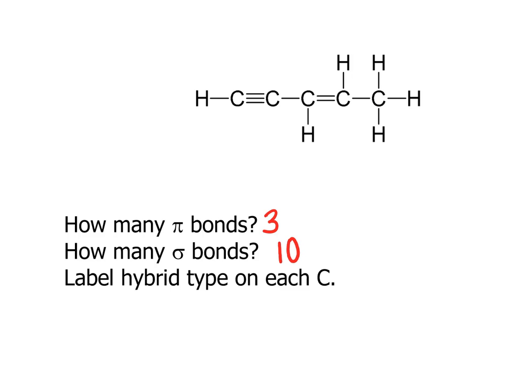Okay, and then it asks to label each carbon with a hybrid type. So this carbon, the way we do this is we look at how many electron groups it has, and that tells us how many orbitals are in the hybrid. This one has 2. Remember, we have our order.